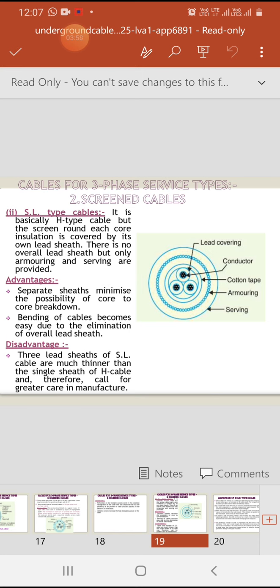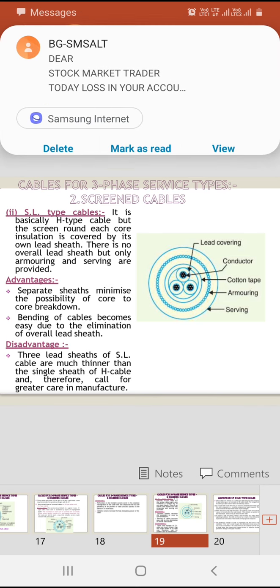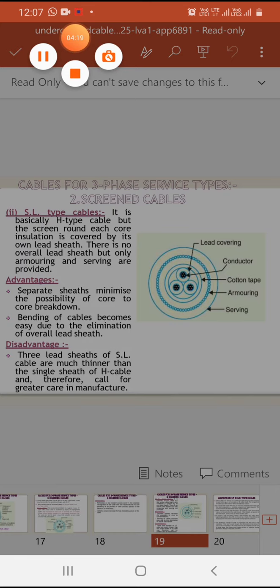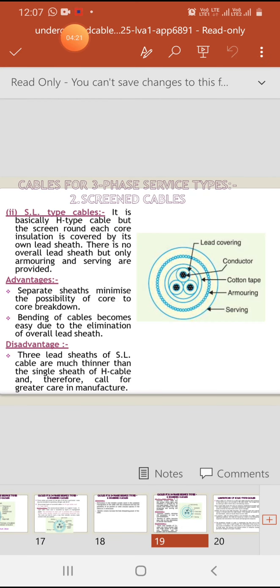However, the disadvantage of SL type cables is that the three lead sheaths of SL cables are much thinner than the single sheath of H cable, and therefore greater care in manufacturing is required.